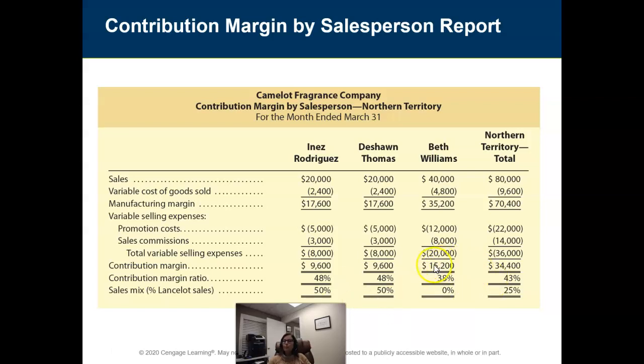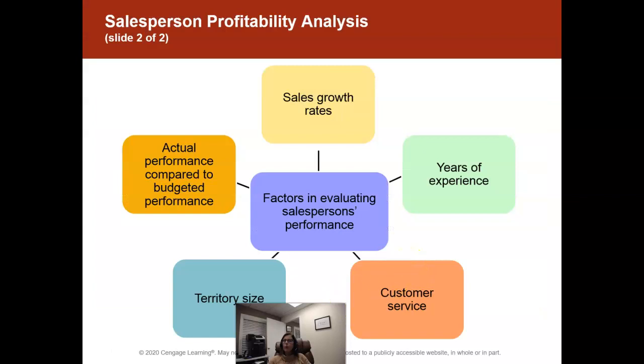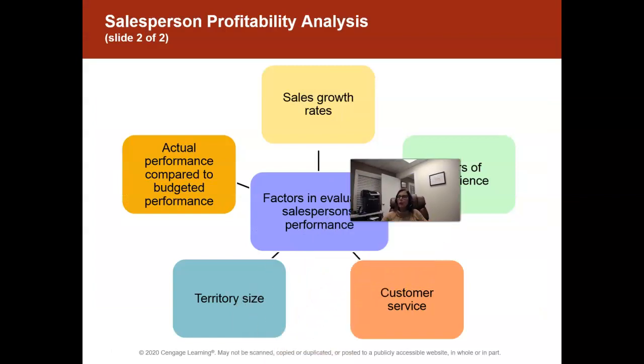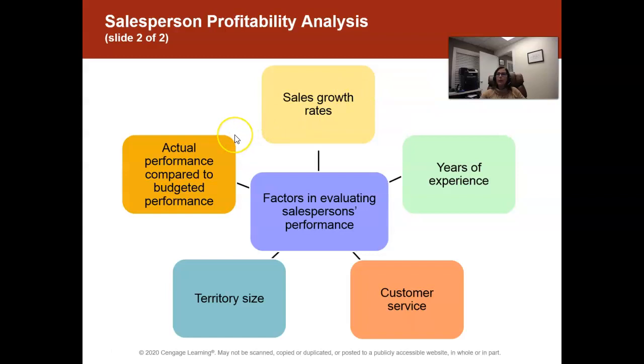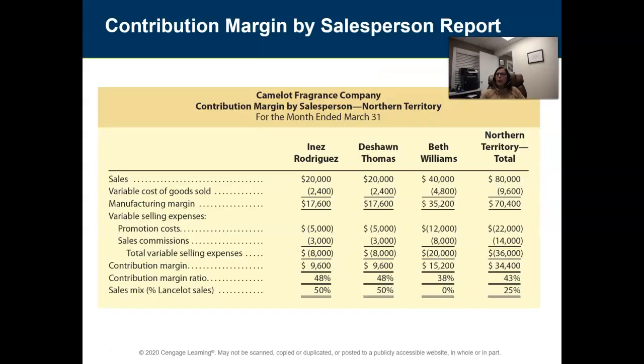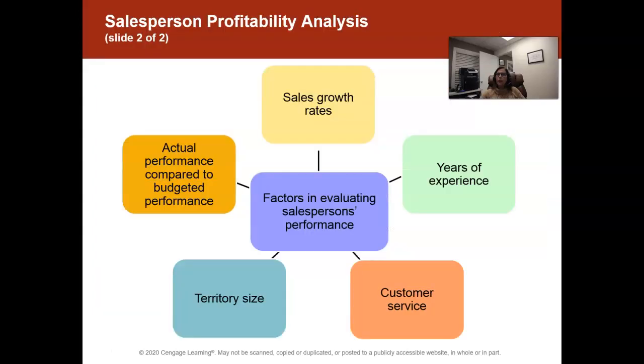So again, you want to look at that based on salesperson. Now, it doesn't just mean that Beth is working twice as hard as Deshawn. You also want to look at other factors that might influence sales. Is there some reason that Beth's territory, the Lancelot, is not something that's useful? That's got to be taken into consideration.